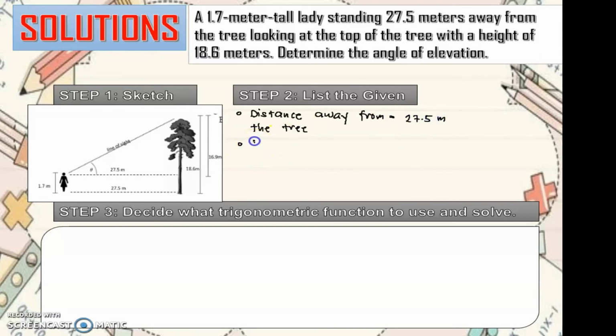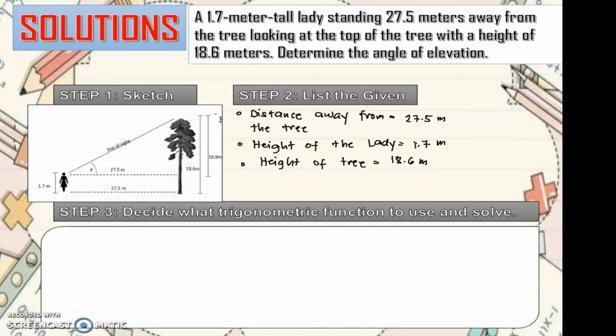Then the height of the lady, we need to consider also, class, the height of the lady is 1.7 meters, and the height of the tree is 18.6 meters.